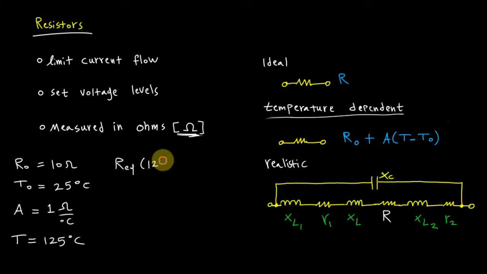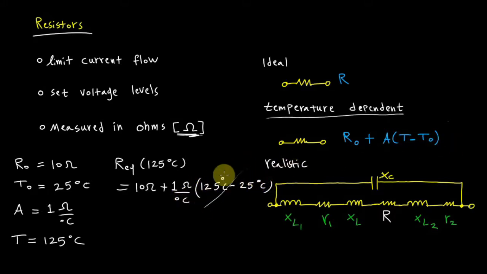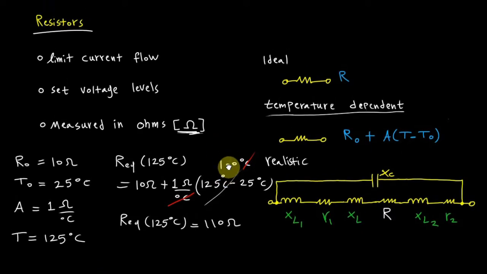R equivalent at 125 degrees C is 10 ohms plus 1 ohm per degree C times the quantity 125 minus 25. So overall we get an R equivalent of 110 ohms.